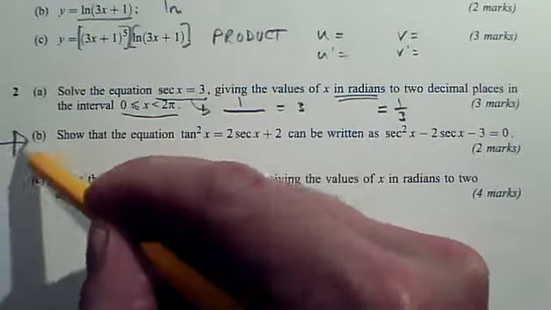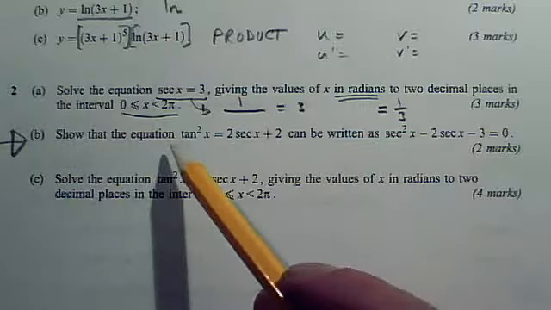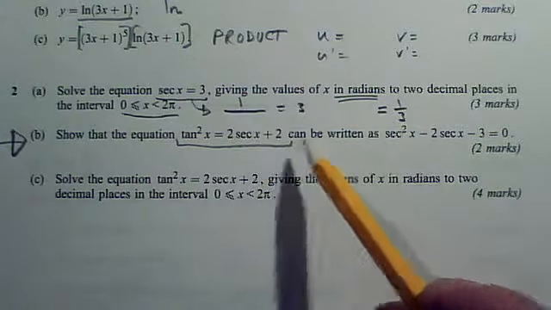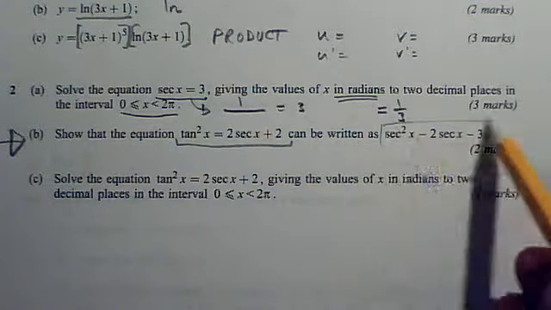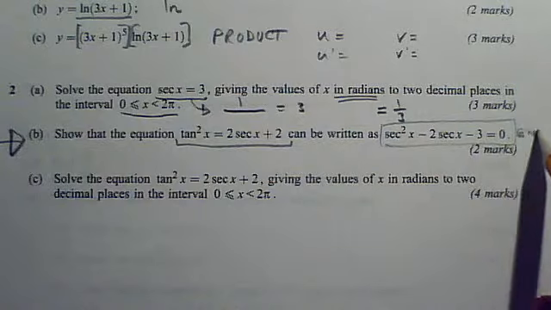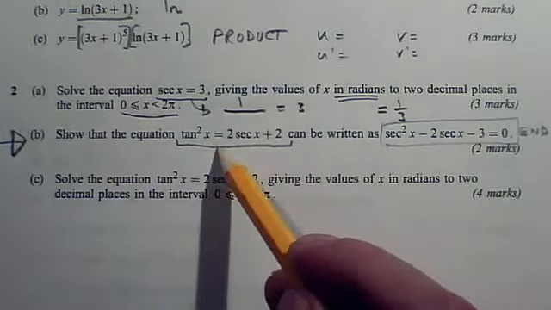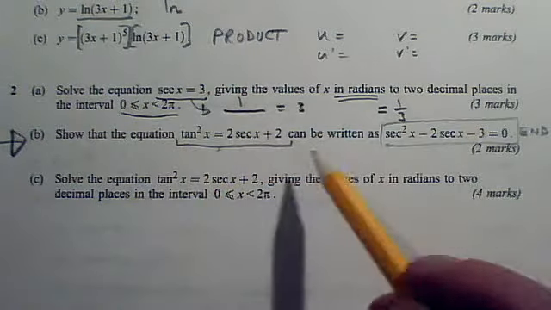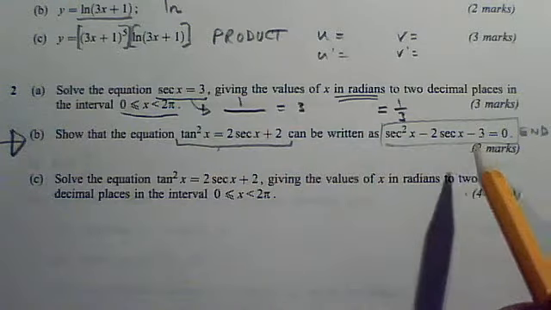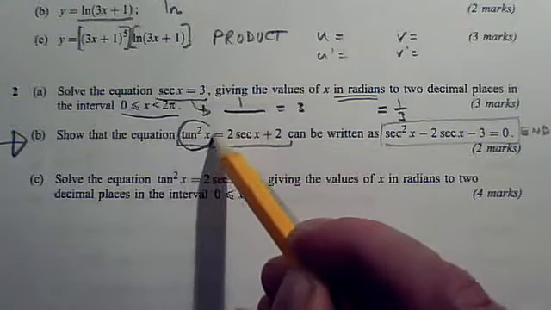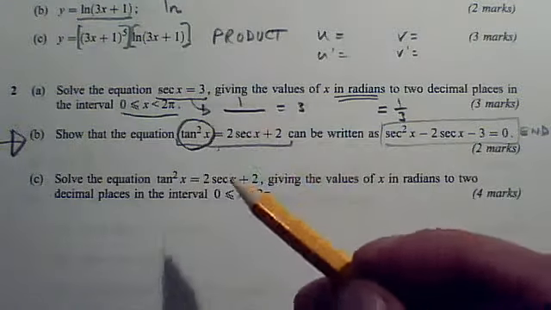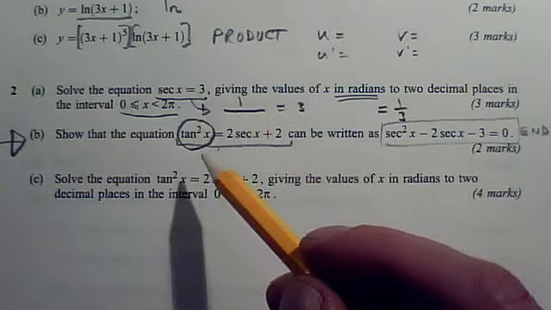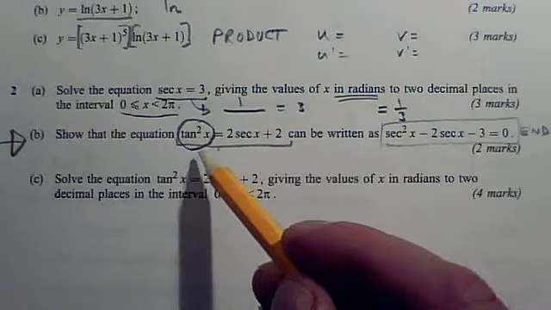Re-entry point here. We've now got to look at this equation here and turn it into this form. This is our end point in a show that question. Here's our starting point. We need to compare this with the end point we want to get to, and we can see it's that term there we need to deal with. There are 3 identities that link all the squared trig functions.